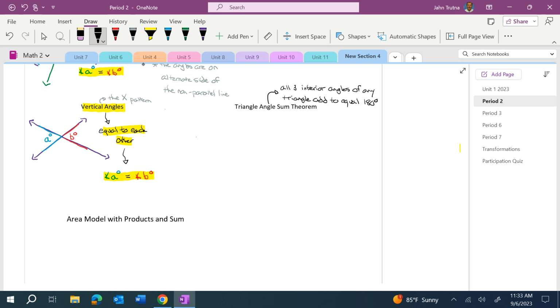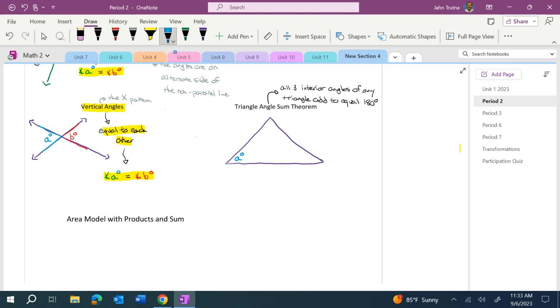Okay? So the triangle angle sum theorem says that if I take any triangle, it does not matter what type of triangle it is, big, small, a right triangle, an isosceles triangle, whatever, and if you take angle A, which is an interior angle, and the reason why it's an interior angle is because it's on the inside.